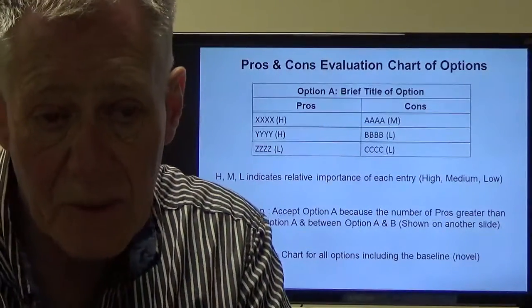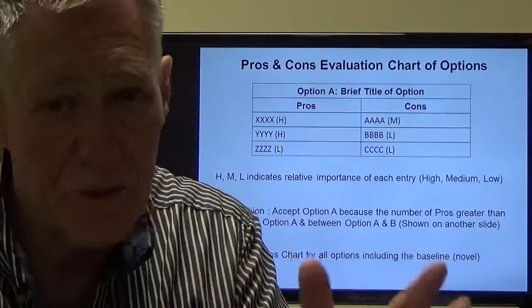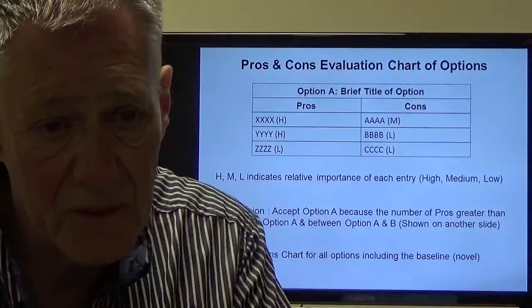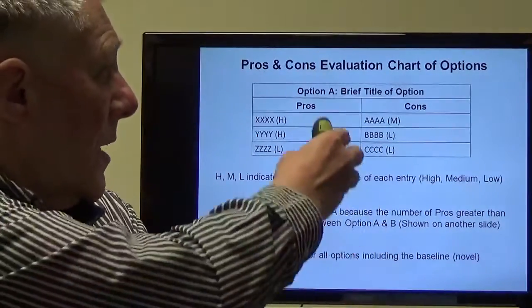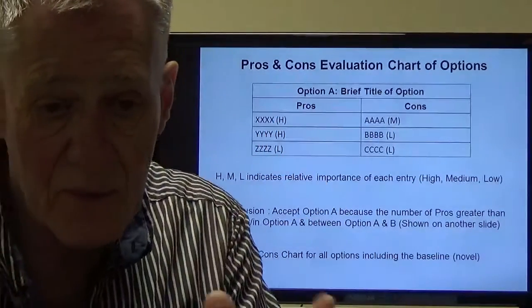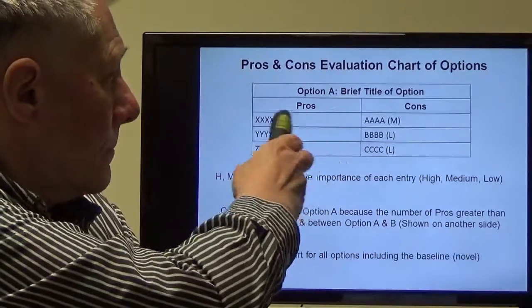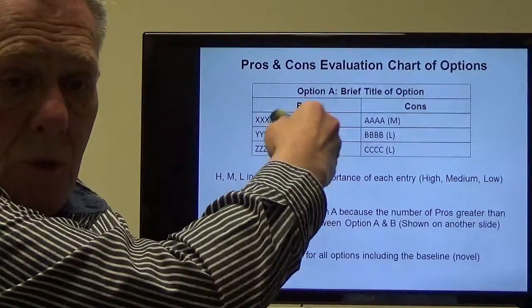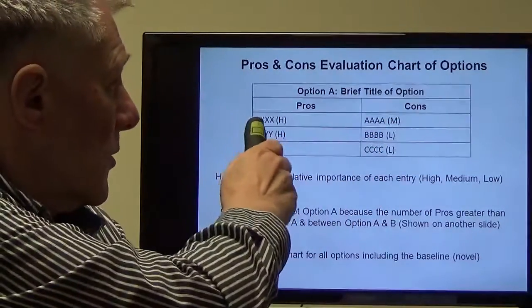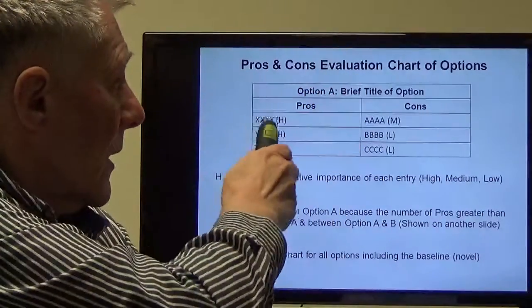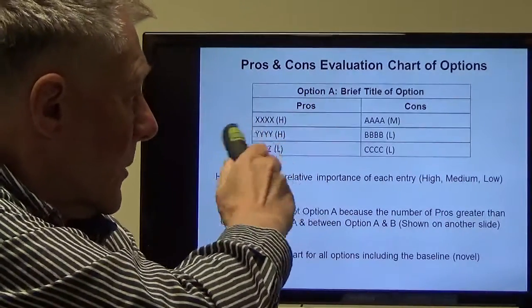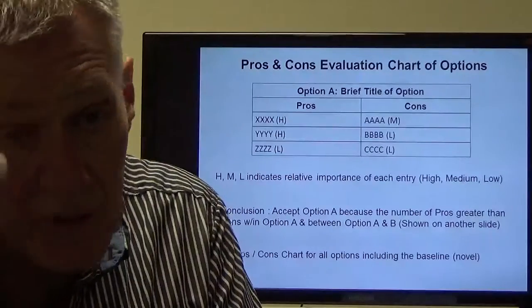The sort of chart that you would be making, and this doesn't have to be as formal as I'm showing, but it gives you some idea, would be to have whatever the option is, character A does such and such. And then the benefits, the pros and the cons associated with each one. So that this action would have this consequence, that consequence, for example.